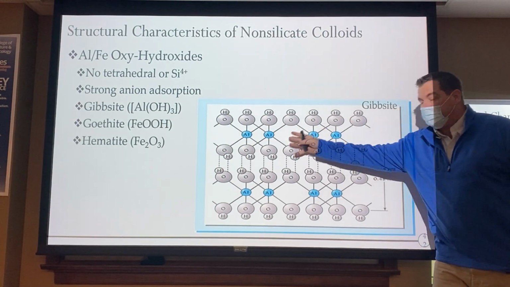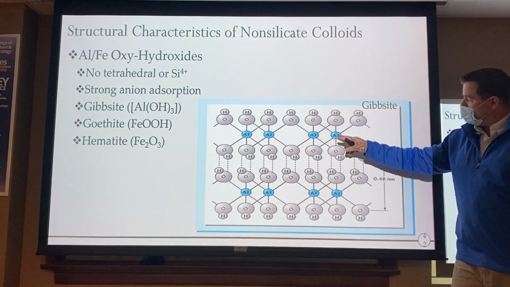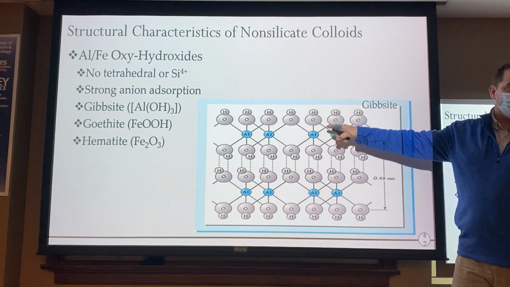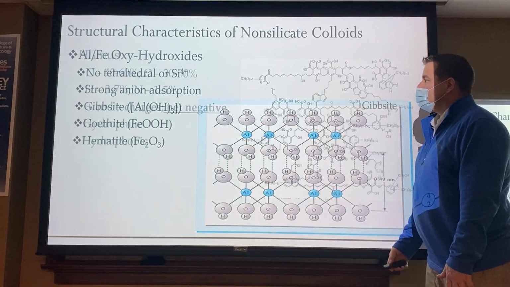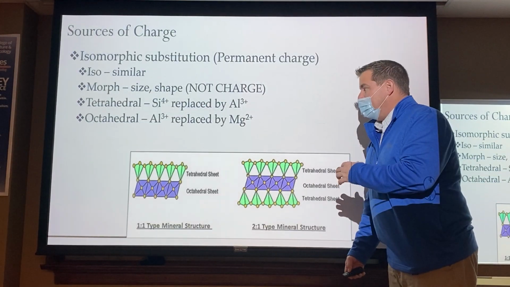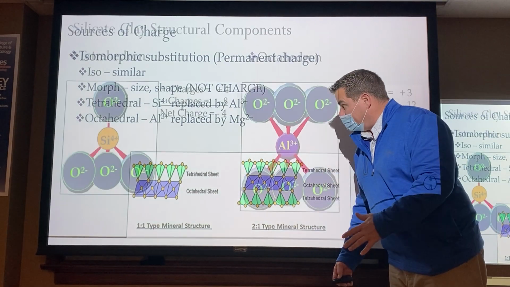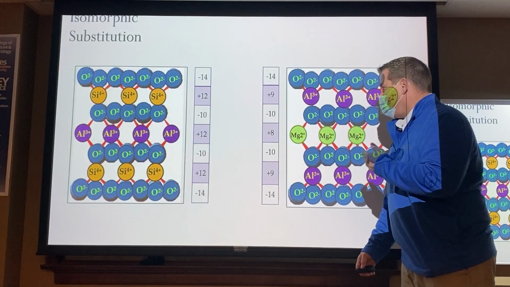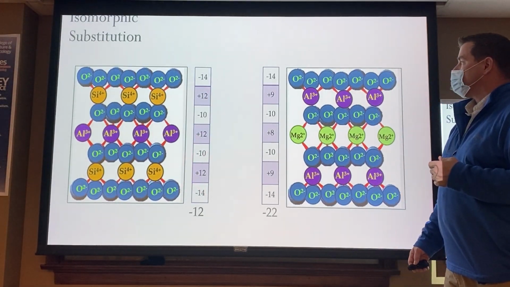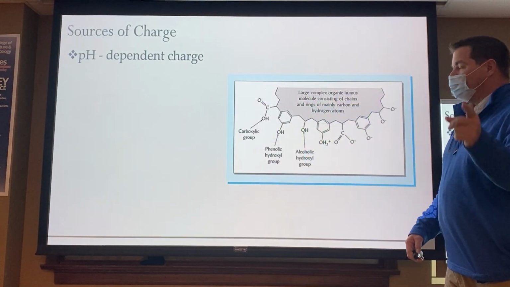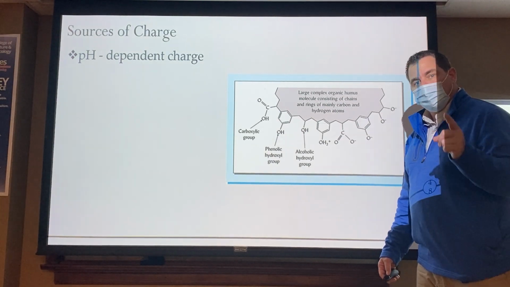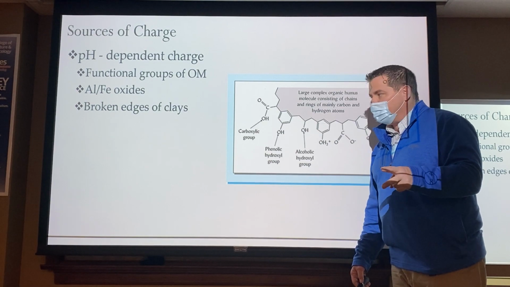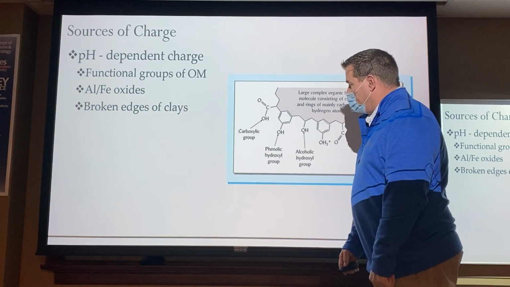So as we change the pH in this system, we will start to affect how this aluminum reacts in accordance with that system. We probably won't go into that. I'm more concerned with understanding pH-dependent charge on the functional groups of organic matter. 3 sources of pH-dependent charge: functional groups of organic matter, aluminum and iron oxides, broken edges of clays.